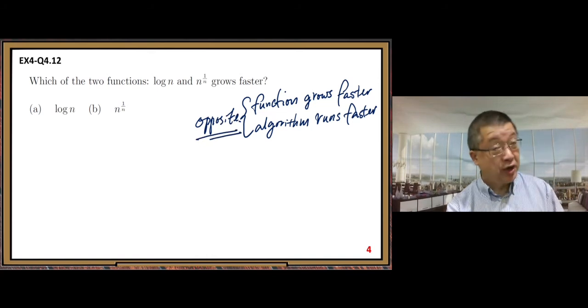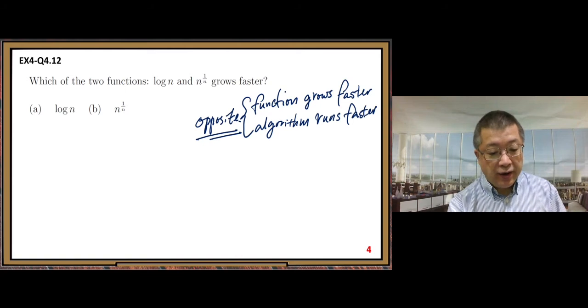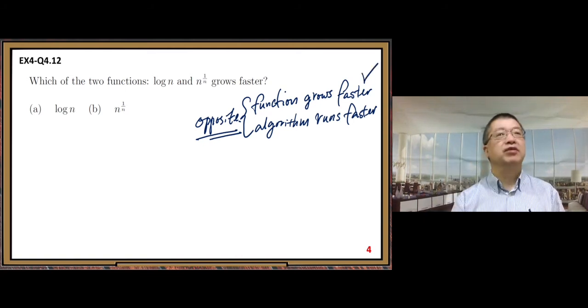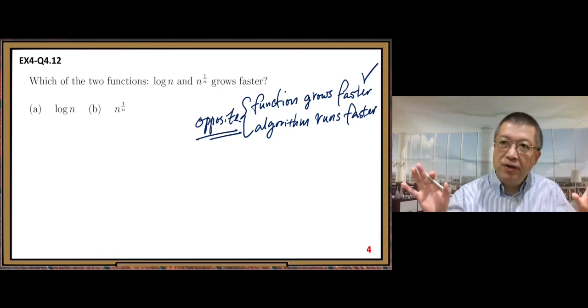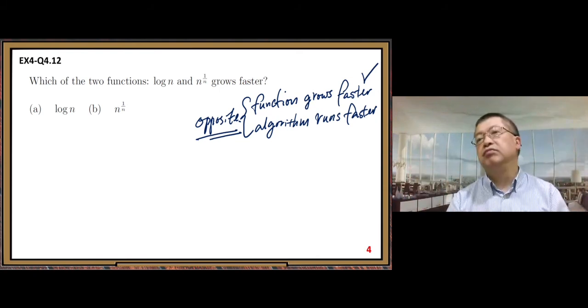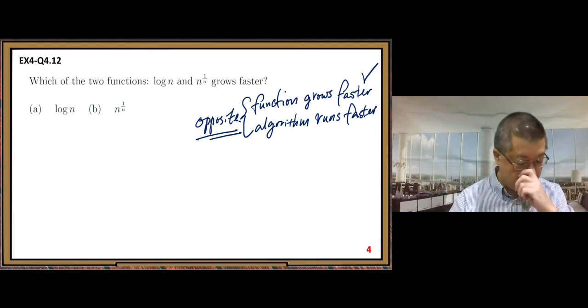Here, which is the case we need? Two functions, which one grows faster? That means larger, so eventually the function value is larger. We need that case. All right, so let's take a look.